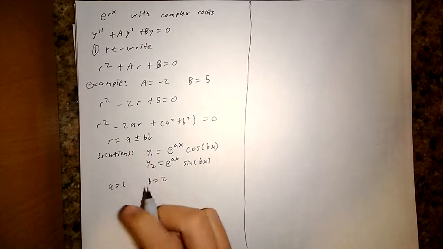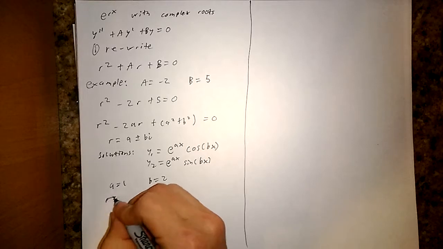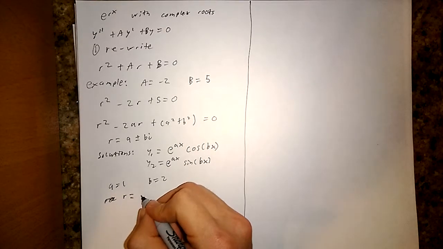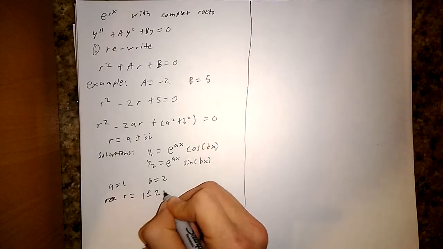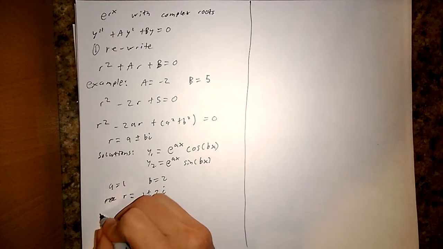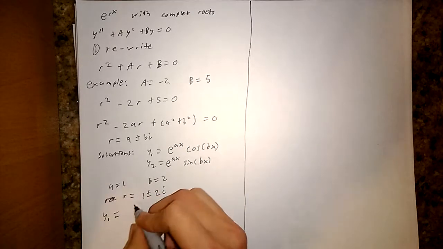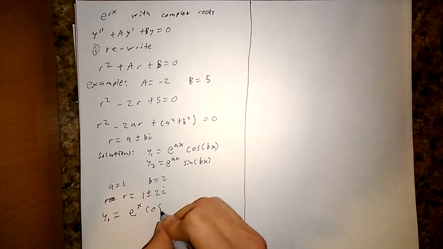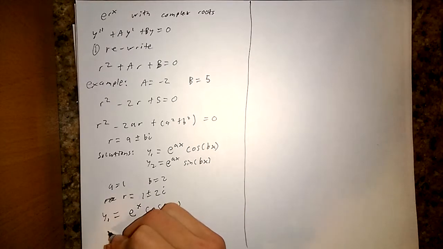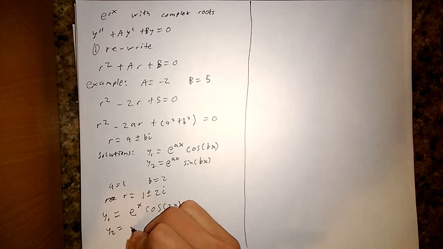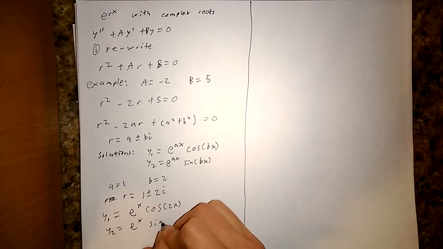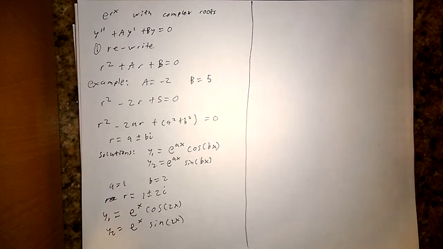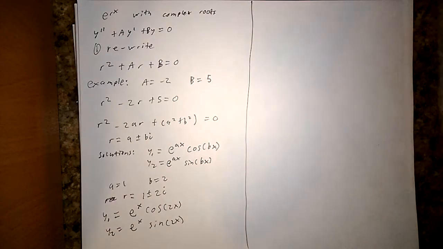And that means that our r equals 1 plus or minus 2i. So that means y1 equals e to the 1x cosine 2x, and then y2 equals e to the x sine 2x. So that's how you do complex roots if you get confused.